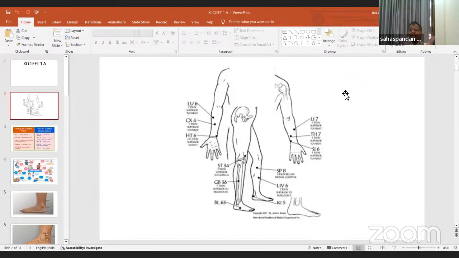What is the Xi-Cleft? Xi-Cleft means gap, and this refers to the fact that the accumulation points are located in gaps where the chi of the channels gather. When heavy rains come and then stop, there are some gaps on the road. In those gaps, water is gathered.